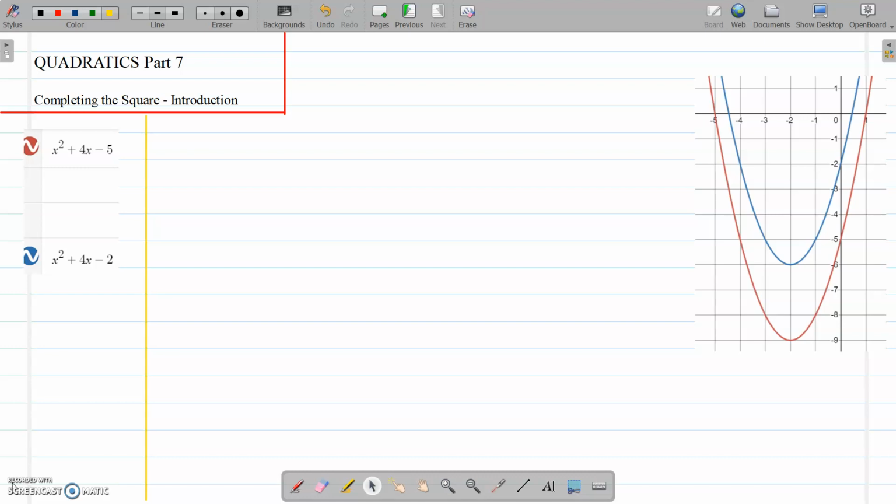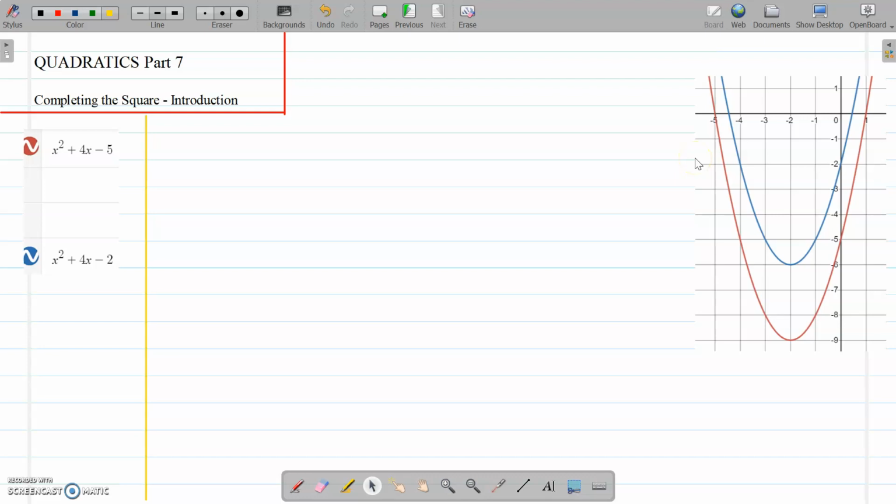Alright, now for the moment I have plotted the graphs to show the functions y equals x squared plus 4x minus 5 and y equals x squared plus 4x minus 2. Okay, and they're in red and blue as shown on the graph there.